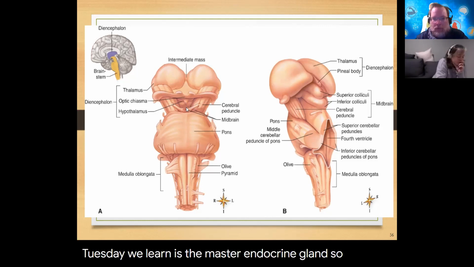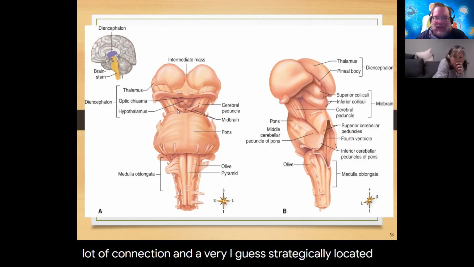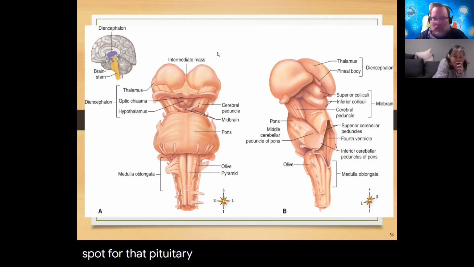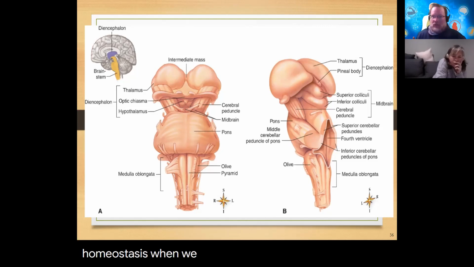So there's a lot of connection and a very, I guess, strategically located spot for that pituitary gland, because remember that the pituitary triggers us to go out of homeostasis and into a sympathetic or stress mode.